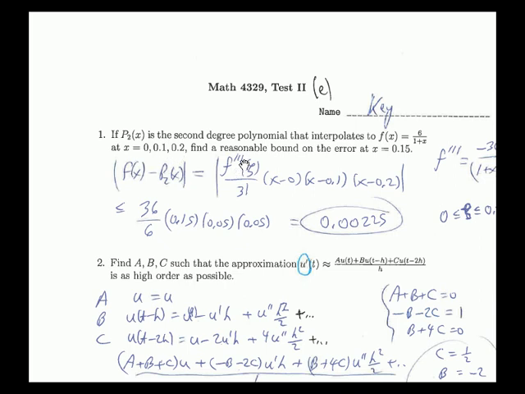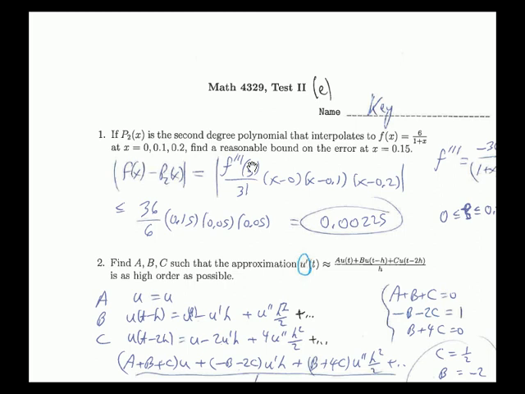So it involves the n plus first derivative, the third derivative, over n plus 1 factorial times x minus each one of those, 0, 0.1, and 0.2. In this case, it asks you for a bound on the error at a particular value of x. That's good. Then you just plug that value of x in, and all you have to worry about is getting a bound on the third derivative, which is minus 36 over 1 plus x to the fourth power.